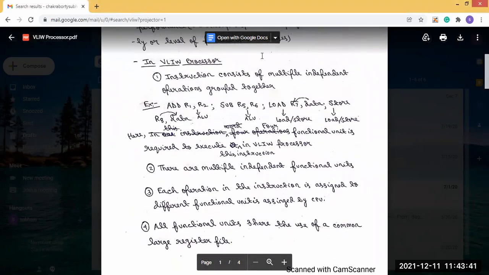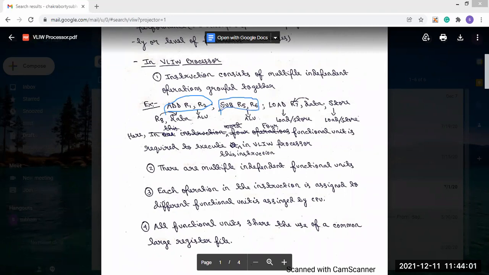Here is the example: add R1, R2 is an independent operation, which adds the data stored in R1 and the data stored in R2.